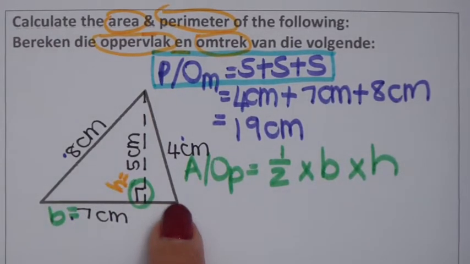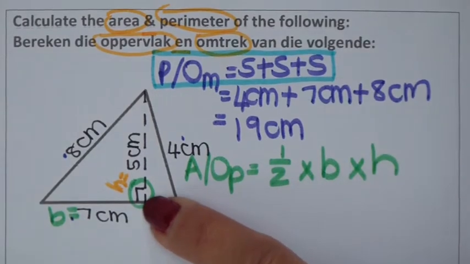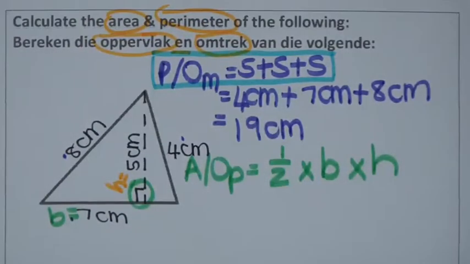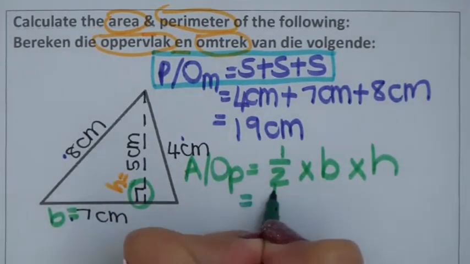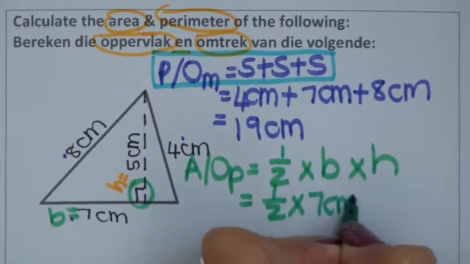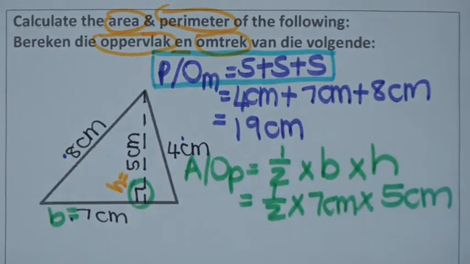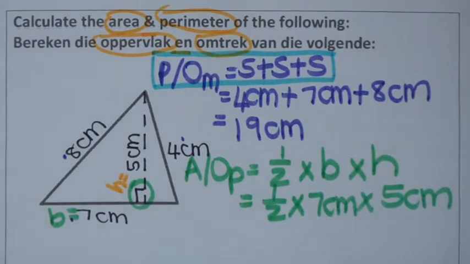So 7 cm is die basis want hy vorm 'n 90 grade hoekie met die hoogte van die driehoek. Daarom sê ons dis 'n halfte maal die basis is 7 cm maal die hoogte is 5 cm, times the base times the height. Now, how do we do this?